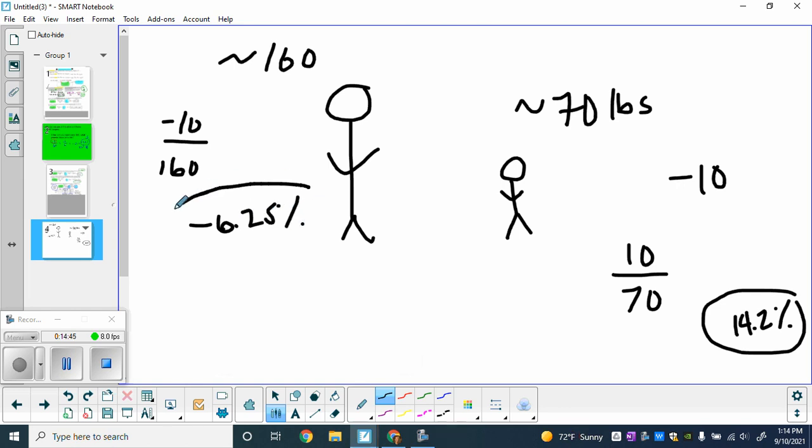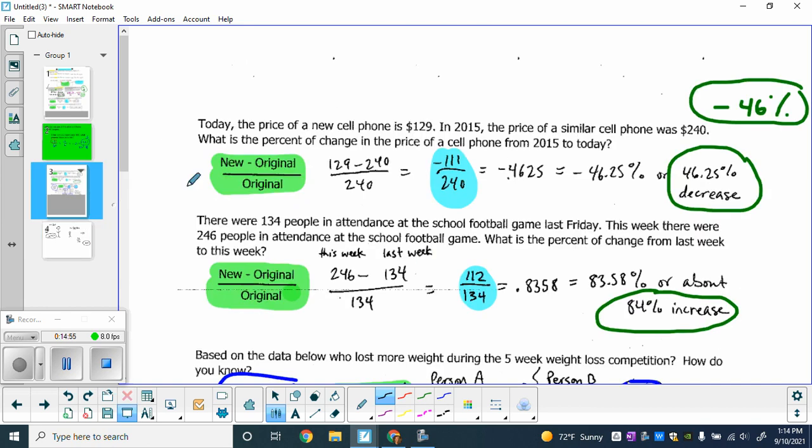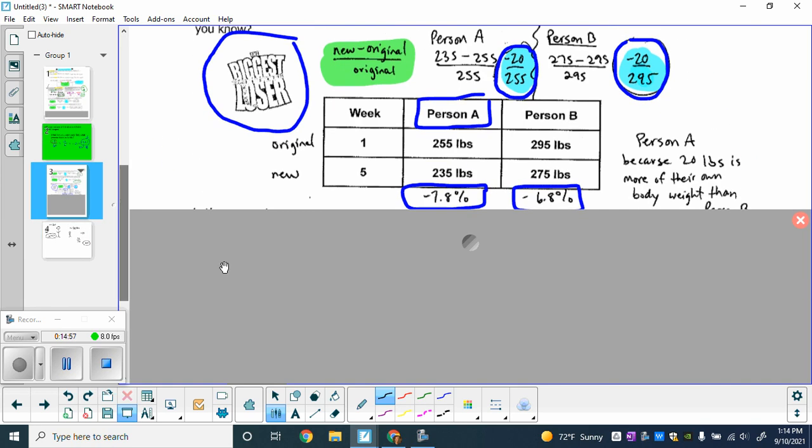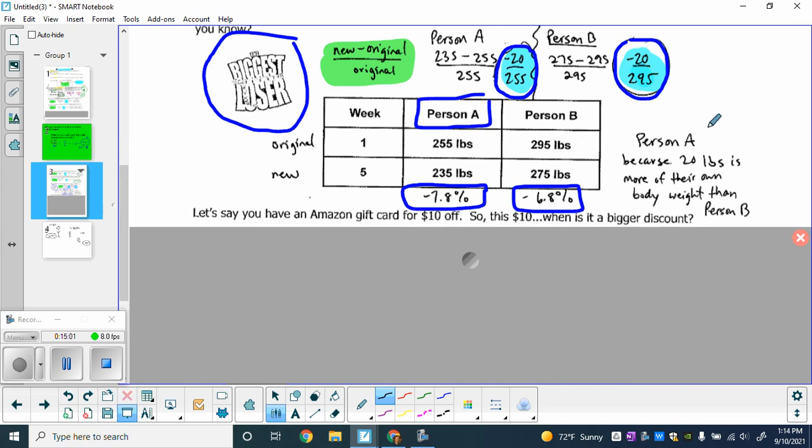So here we would say, you know, it's not a Biggest Loser competition, but this person clearly has lost more of their own body weight. And that's kind of what we're talking about here with person A versus person B. Okay, this person lost more of their body weight. So that's why we would say person A is the winner, because 20 pounds is more of their own body weight than person B.